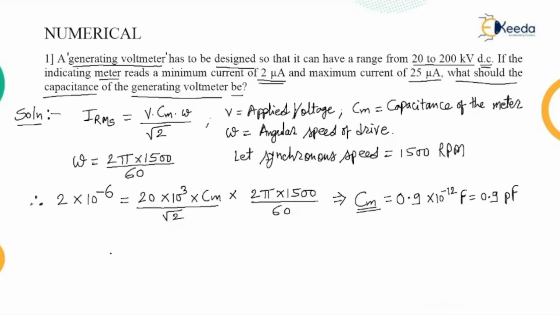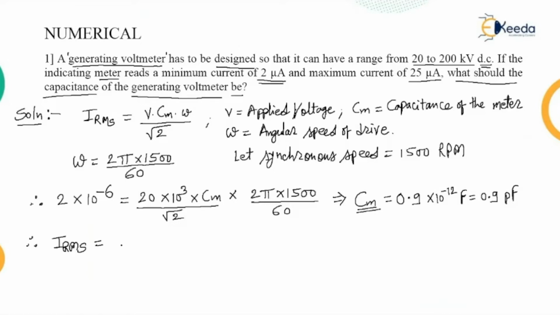Okay. Now, by using the same, the value of the current for 200 kilovolt can be calculated. As this voltage is measured, IRMS can be calculated.